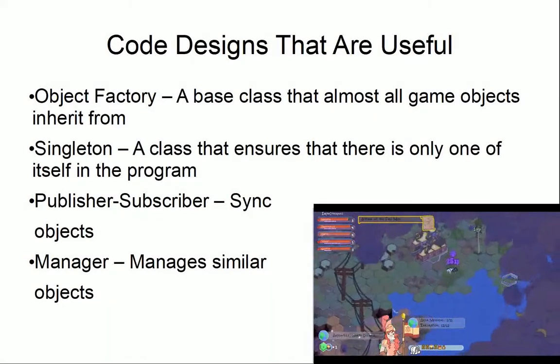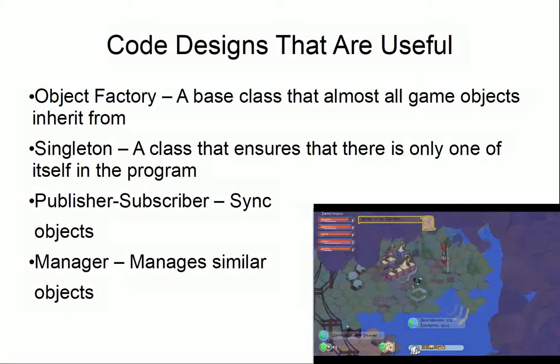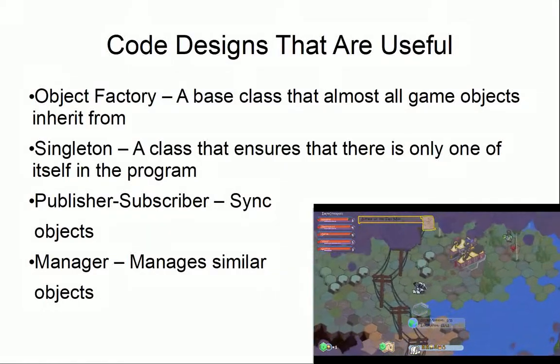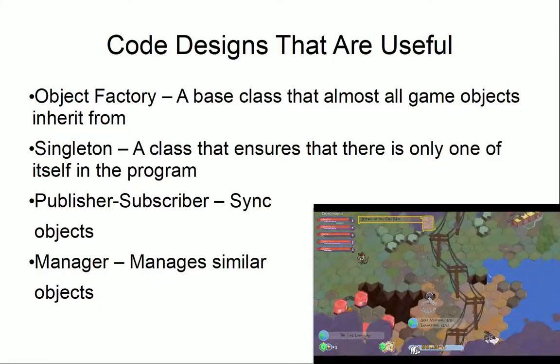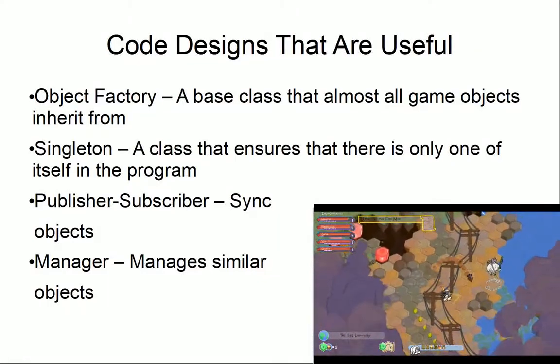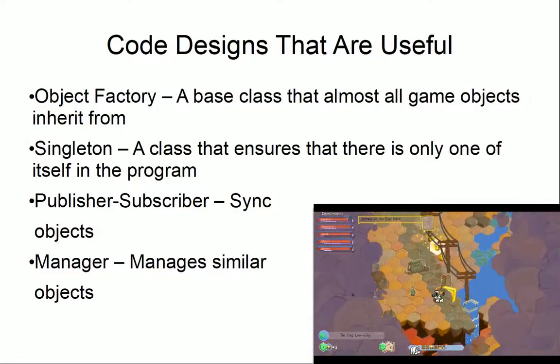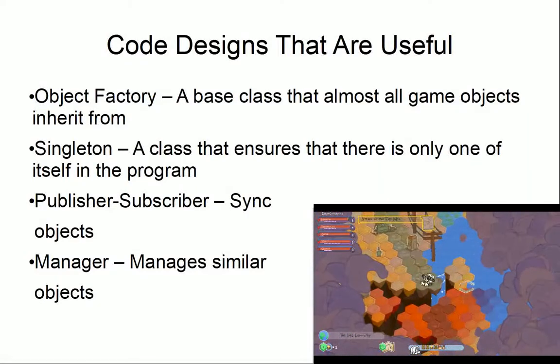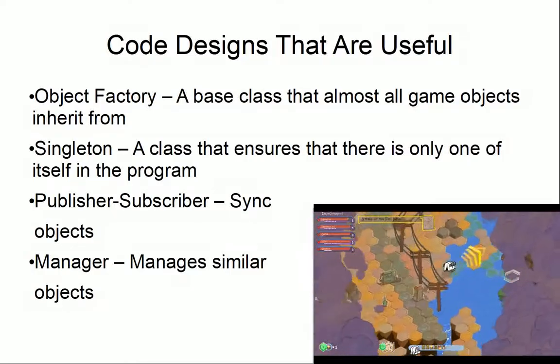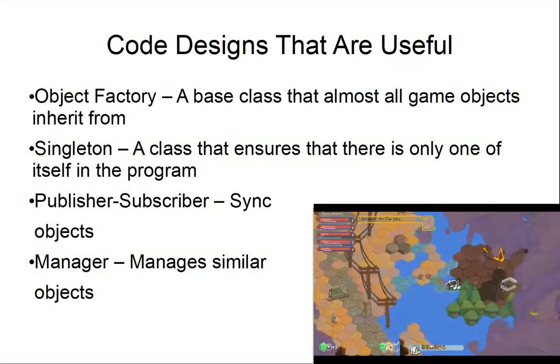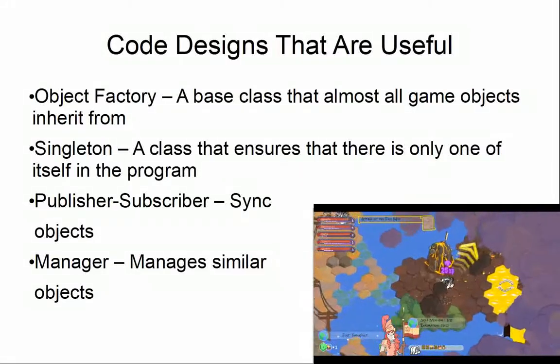A design pattern that you might recognize is the publisher-subscriber pattern. It's the pattern that my messaging system uses. It's used to keep the state of various objects synchronized by having the publisher send a message to each of its subscribers. Then there is the facade pattern, or the manager pattern.